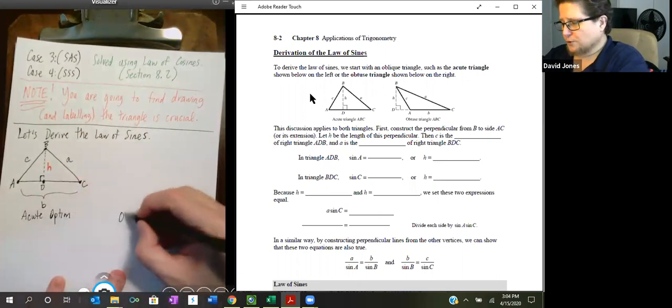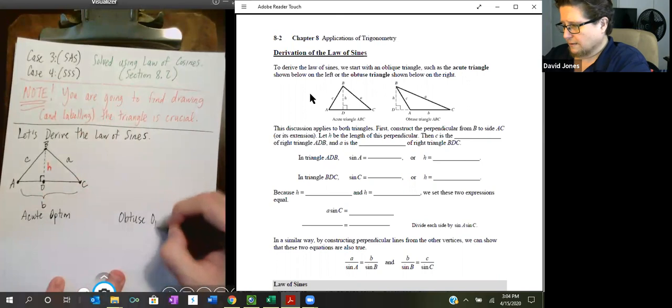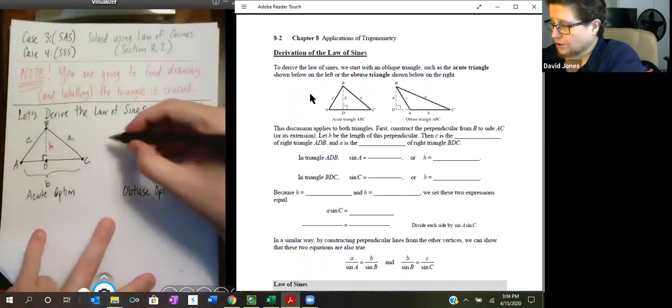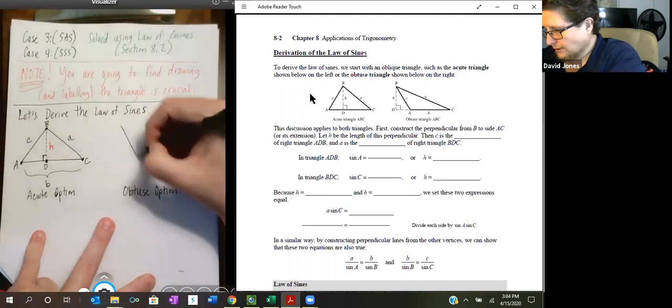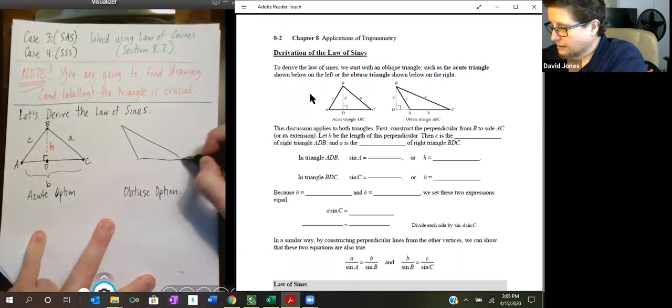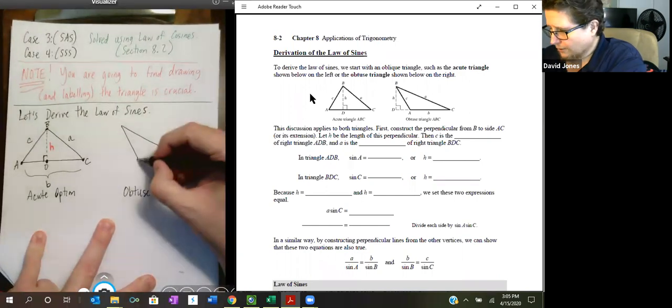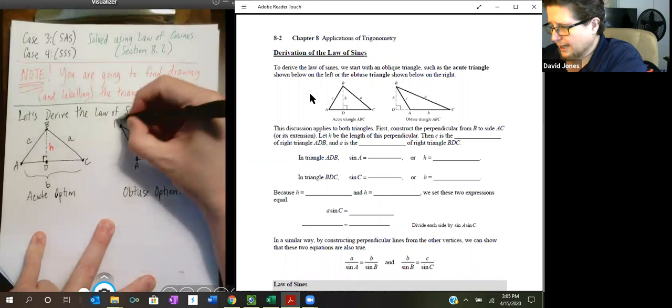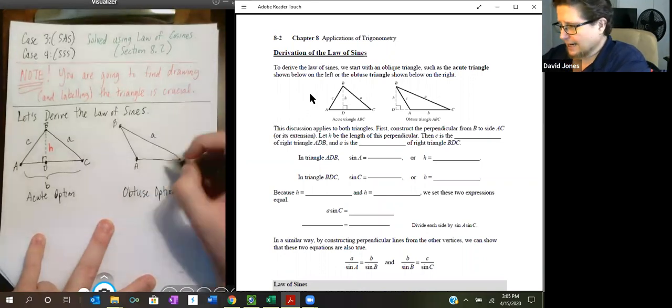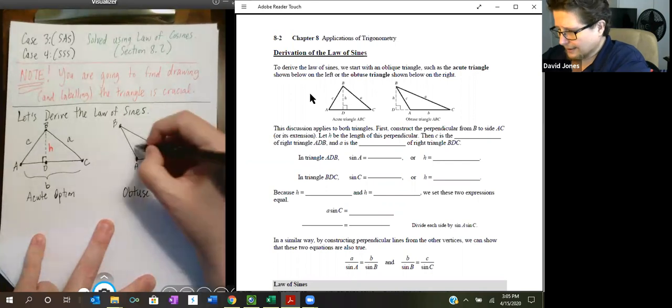Now we have the obtuse option. So let's make angle A obtuse. So here's point A or angle A, point B, and point C, which makes this little a, little b, little c.